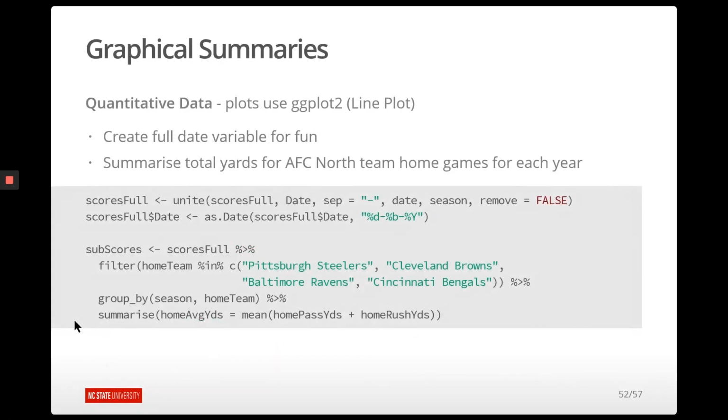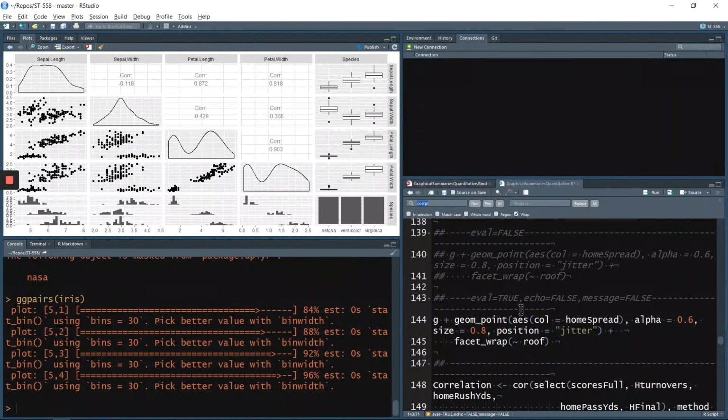All right, so let's create a full date variable here. So the first thing I'm doing is adding this date variable to my overall data set. And then I'm going to overwrite that date variable with an as.Date version of it. And I'm just saying that this is the format for that date. So if we did that, let's just go in here, it's full.